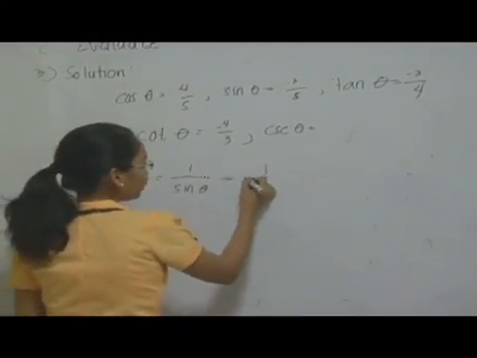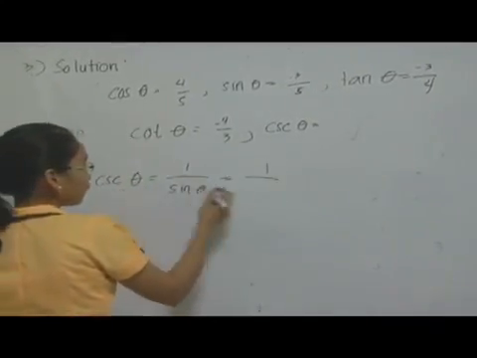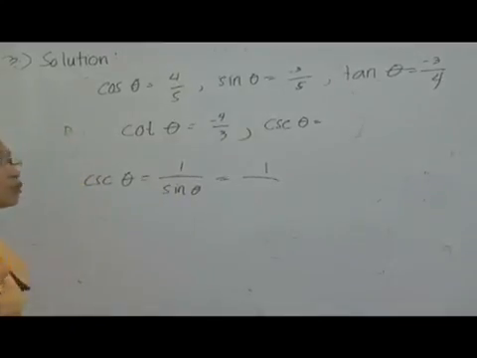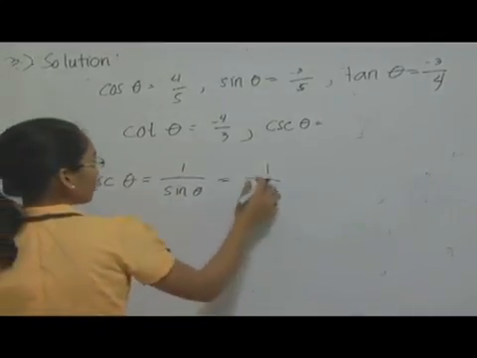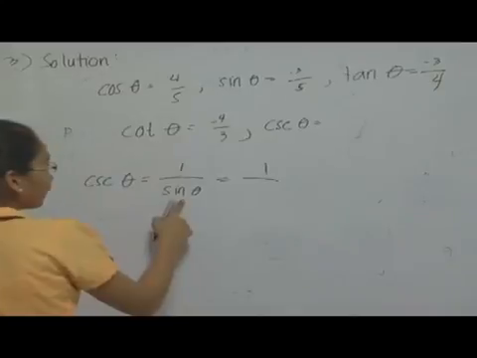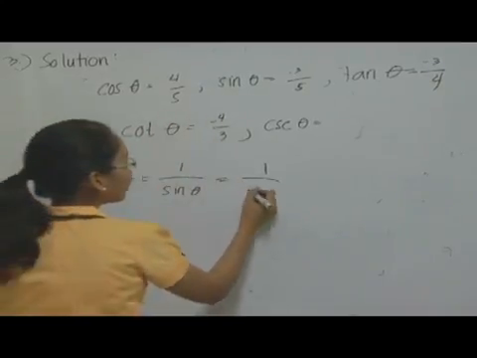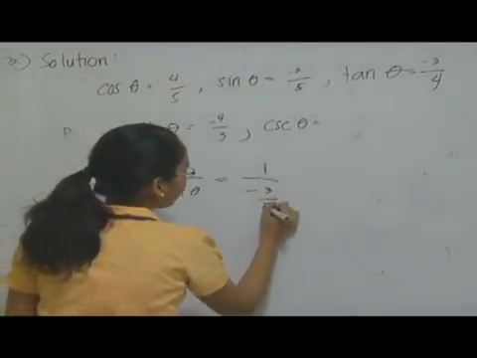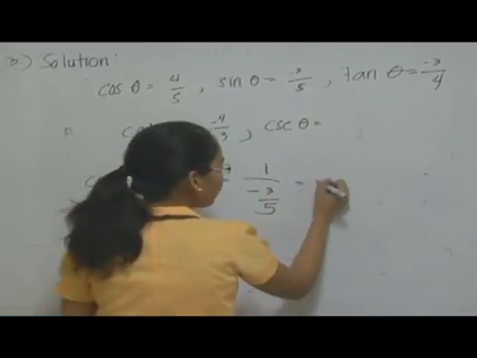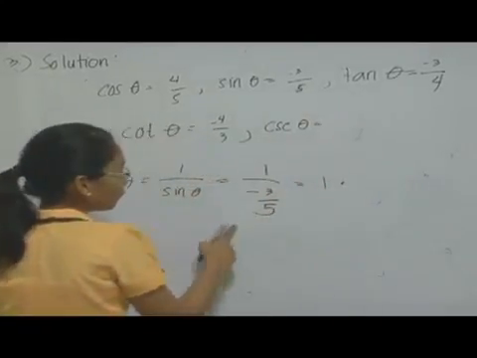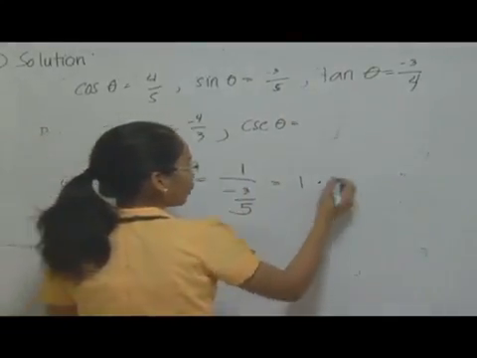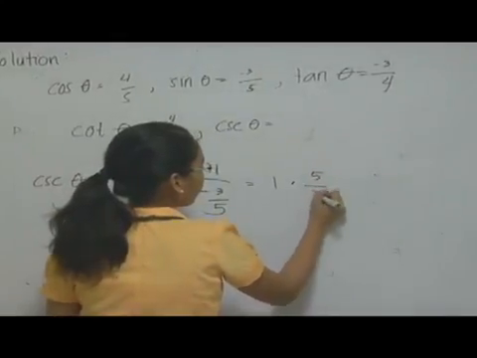Now we can get the value of the cosecant theta by substituting the value of the sine theta. The sine theta is negative 3 over 5. This will become 1 times the reciprocal of the denominator, which is 5 over 3.